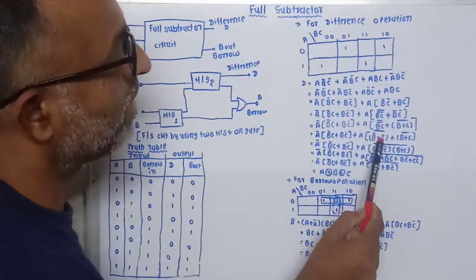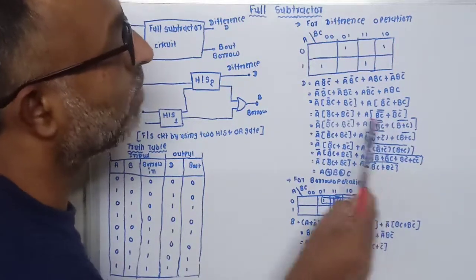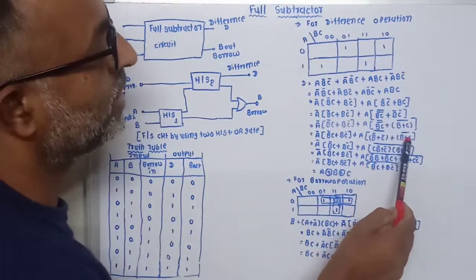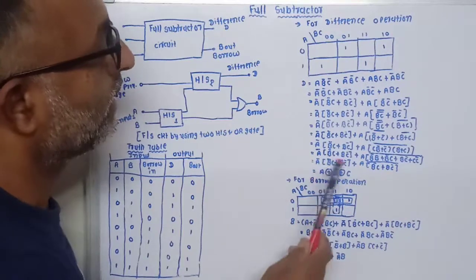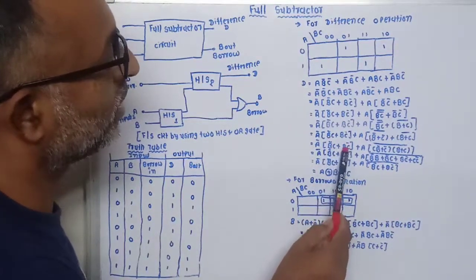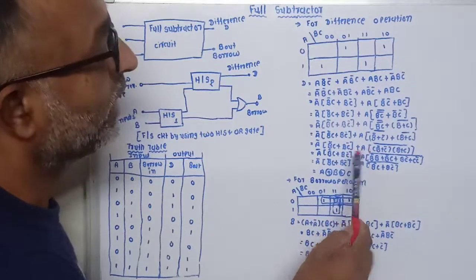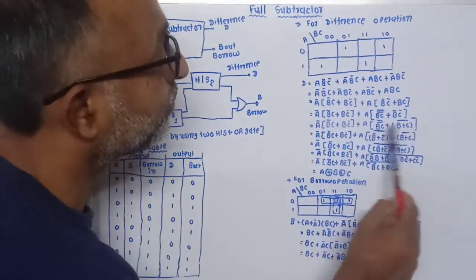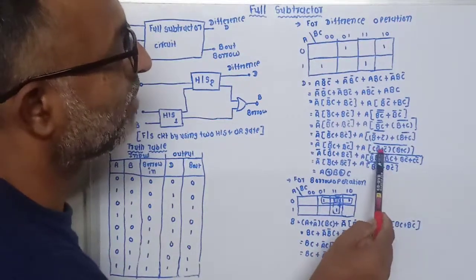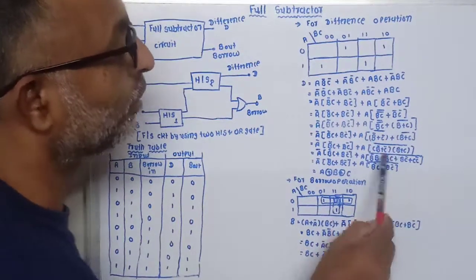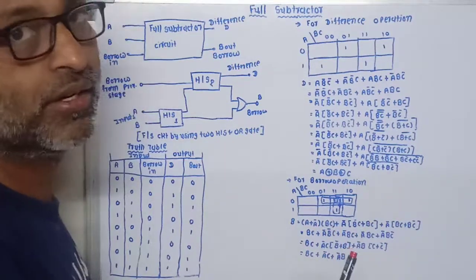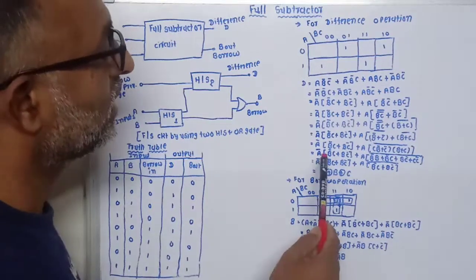We can write B bar plus C bar whole bar according to De Morgan's theorem plus B plus C whole bar. Now next, A bar in the bracket B bar C plus B C bar plus A, and we are using De Morgan's theorem again. So we can write B bar plus C bar in the bracket into B plus C and whole bar. We can write by using De Morgan's theorem.